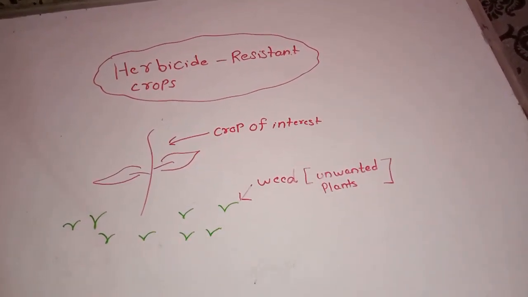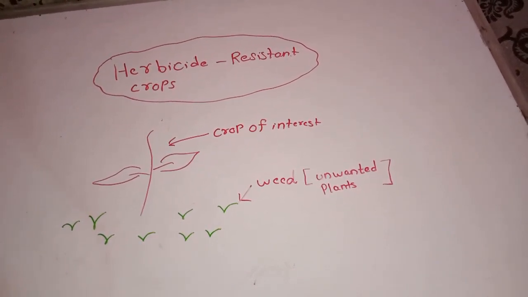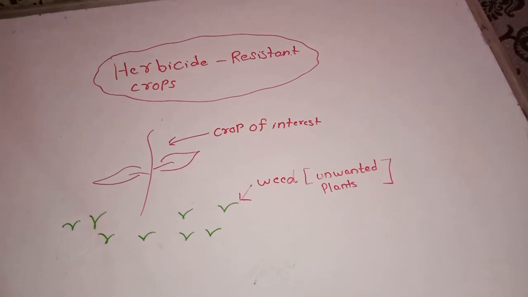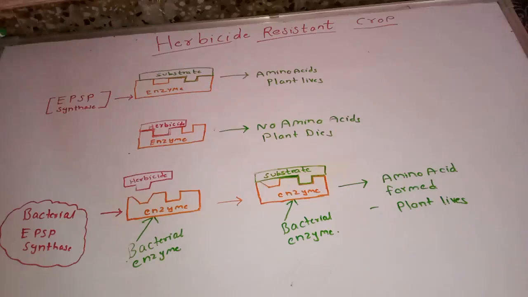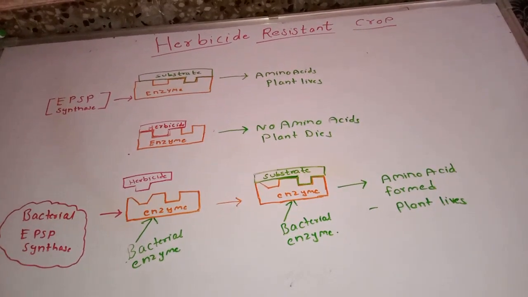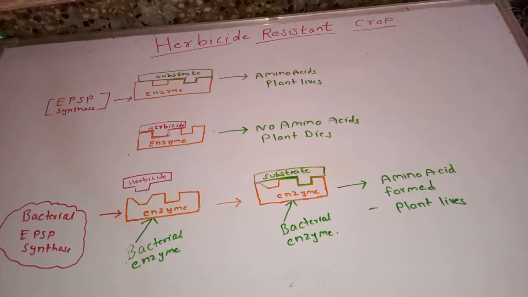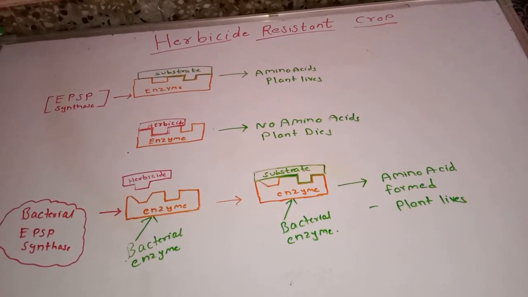We want our plant to survive and the rest of the unwanted plants to die. Now that we know what herbicide and herbicide-resistant crops are, let's see how the herbicide works, its mode of action, and how we can create a herbicide-resistant crop.